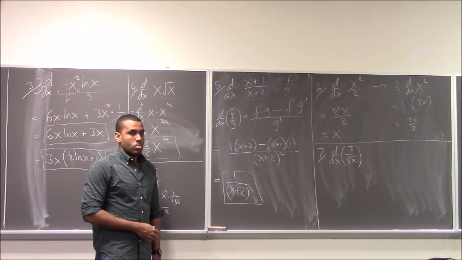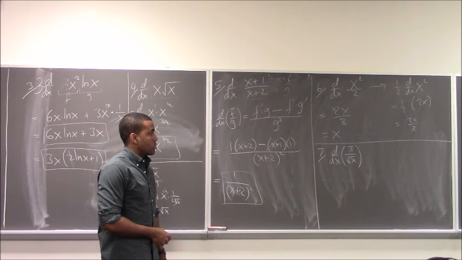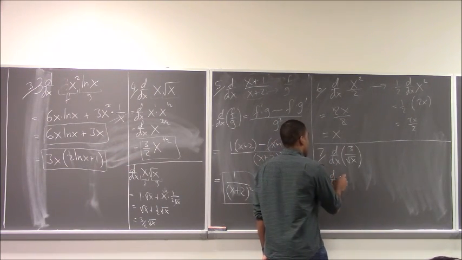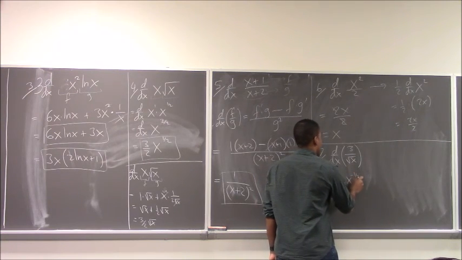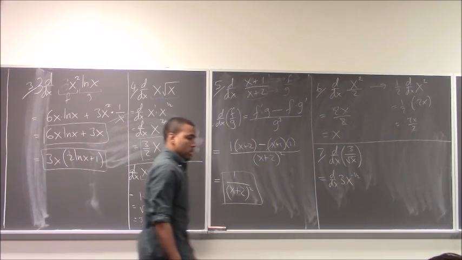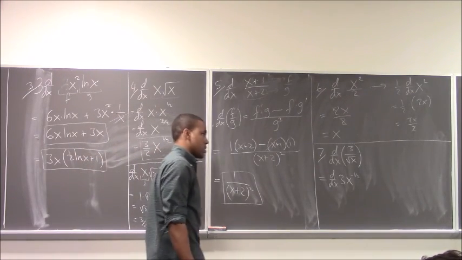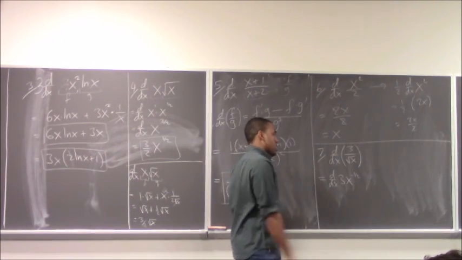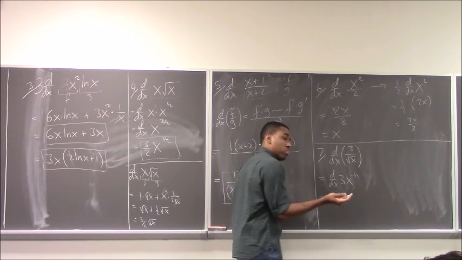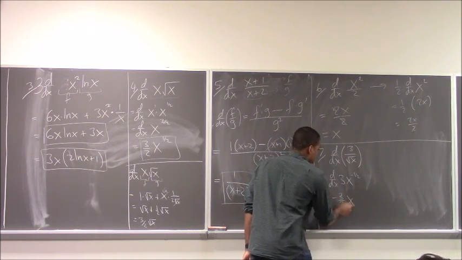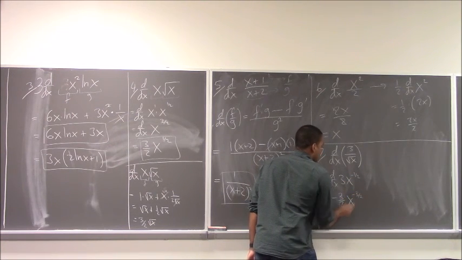It's easier to bring it to the top as x to negative 1/2. So this is just the derivative of 3x to the minus 1/2. So even though initially it presents itself to me as a division, it's probably overkill because the numerator is a constant. Just bring up the denominator, and now I can just do power rule. So let's bring the minus 1/2 down and subtract 1 from the power.